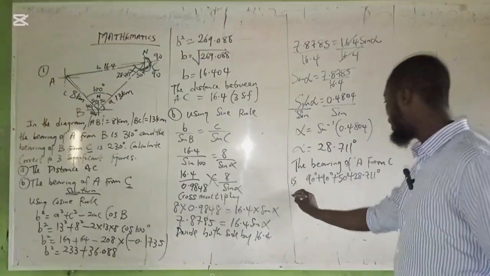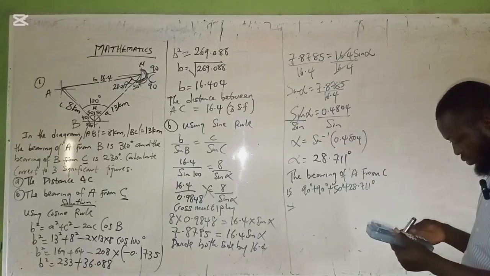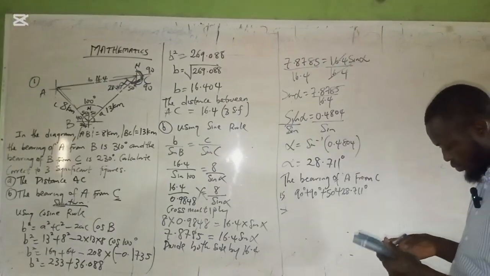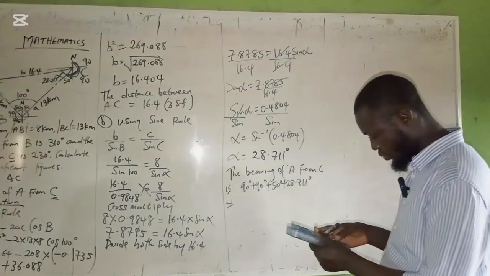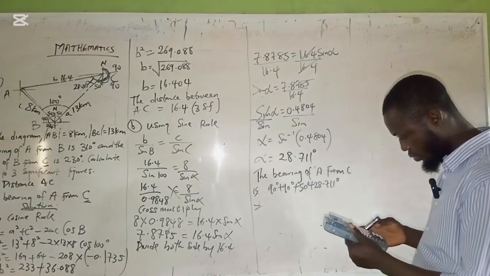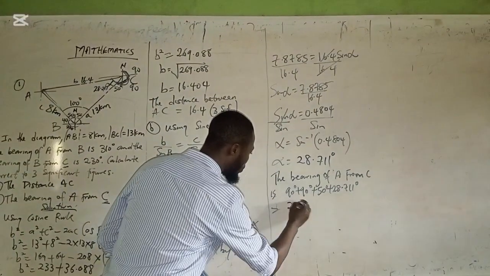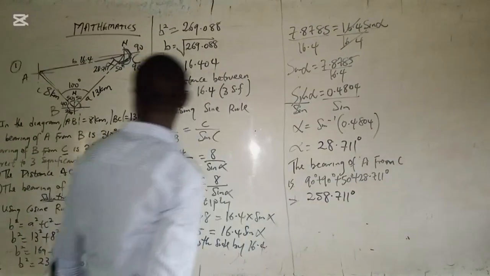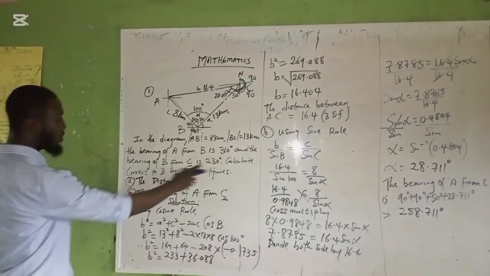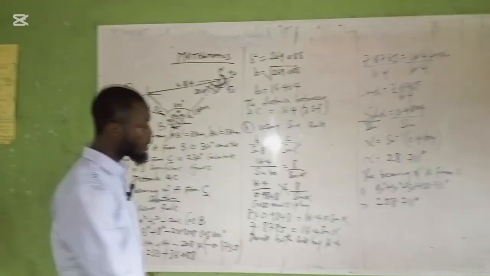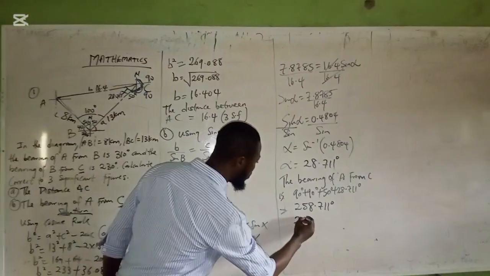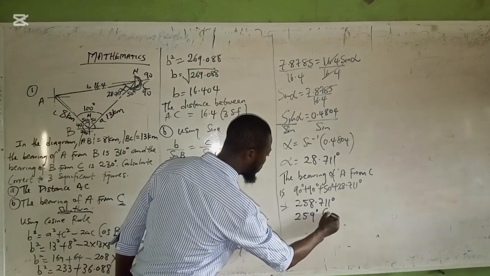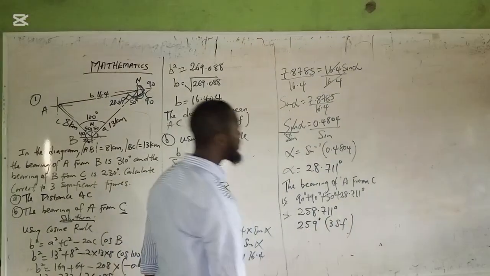All are in degrees, so we add them together and get the final answer, 258.711 degrees. Don't forget that the question says to calculate correct to three significant figures. So the final answer is 259 degrees, to three significant figures.